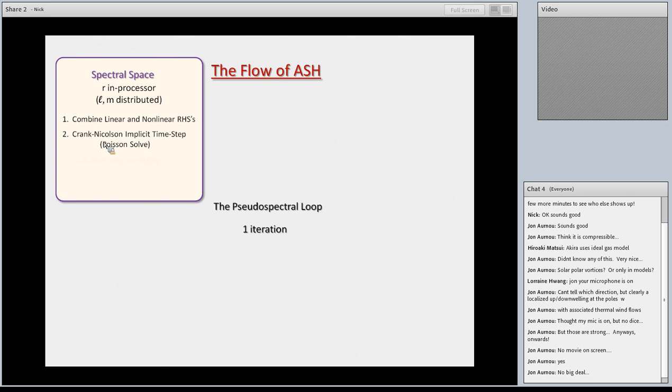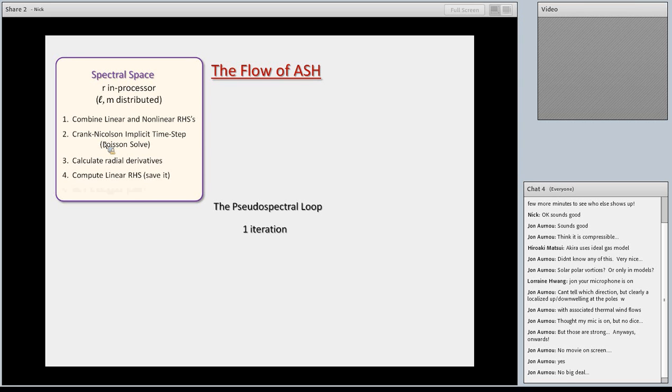But now, while you're in the spectral configuration, which can be spectral Chebyshev or physical space, you go in and calculate your radial derivatives and compute the linear piece of your right-hand side. Then you hang on to that.